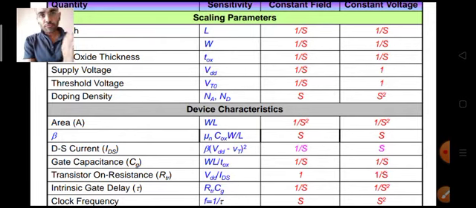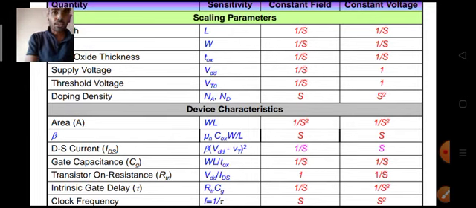If you move from one technology to another technology, then the area is reducing, the drain current is increasing by the factor of, let's say, s in one technology by one method, and it is reducing by the factor of s with another method. Okay, so that's what the point is.